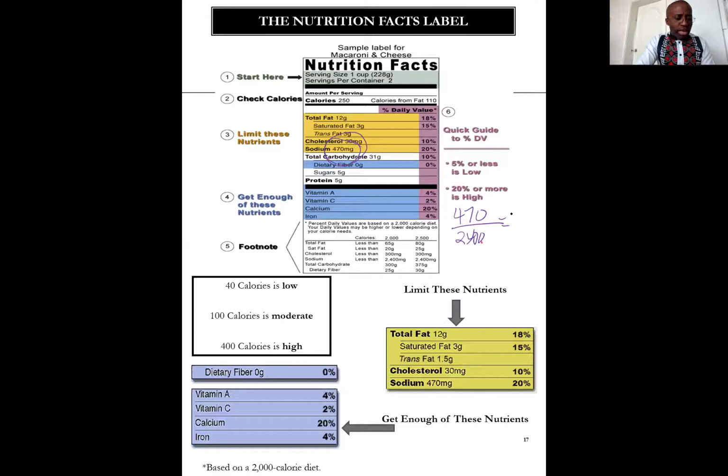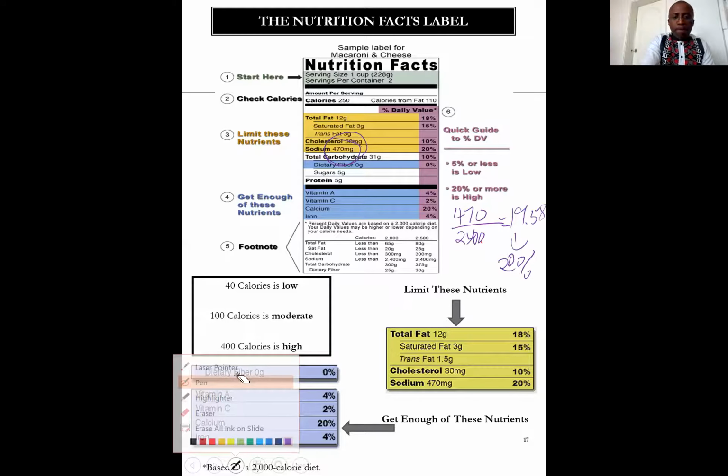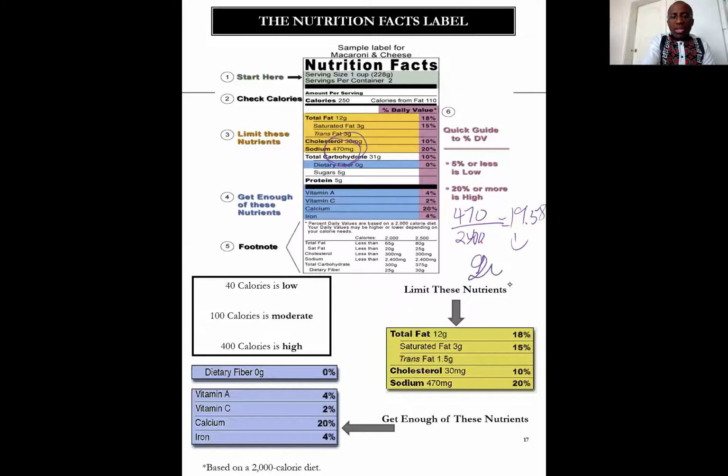I multiply by 100. So I have 19.58. So 19.58 is 20%. I wrote 20% here. Okay. So this is the way you calculate your daily value.